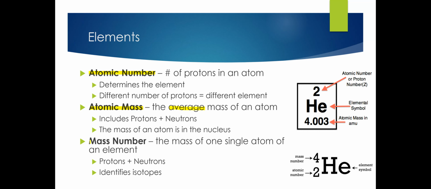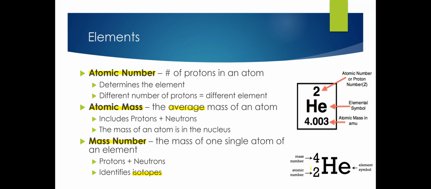And then we also have the mass number. So once again, the atomic mass is an average. The mass number is actually used to identify isotopes. So this is where if we were looking at one atom of an element, not necessarily what we're looking at on the periodic table, but if we had one helium atom, you can see that the mass number is 4. Okay, the atomic number is 2, so this is our protons.